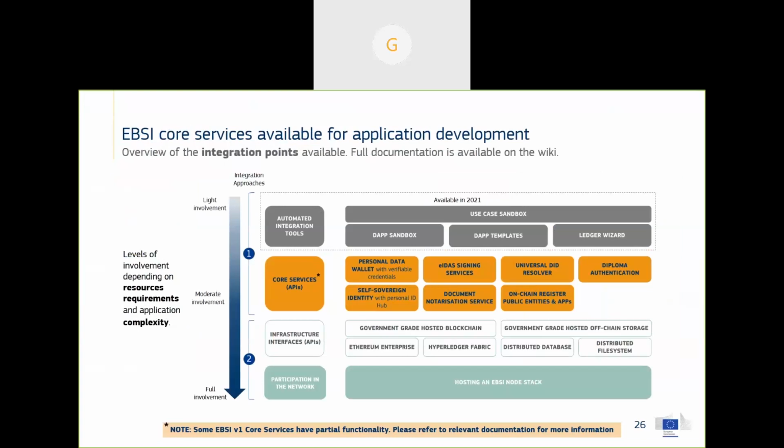Although already, as has been described, we're doing a lot of work to ensure that we have industry standard APIs that can be used for integration. So therefore, the second level of core services already allows a great number of value-added functionality.